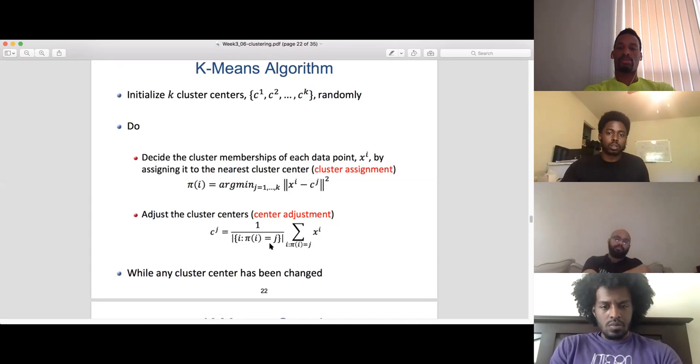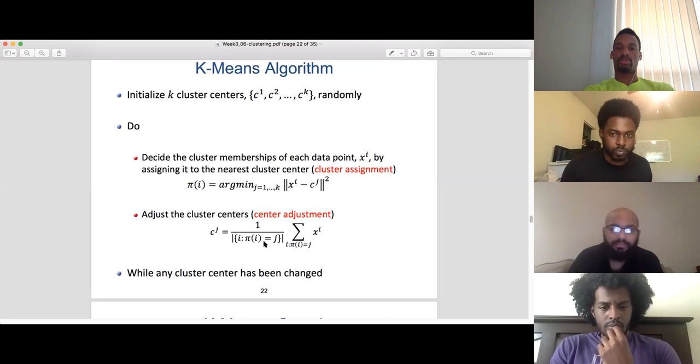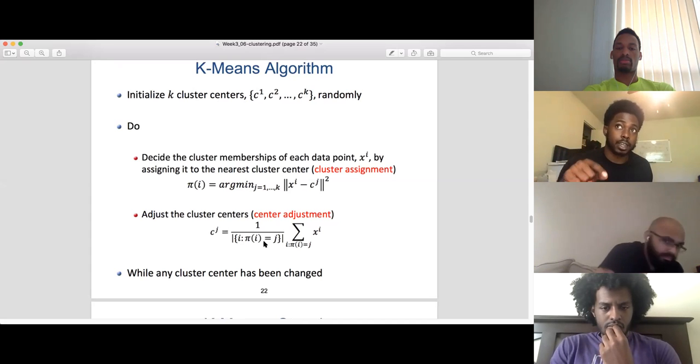And then we're going to adjust the cluster center such that, I'm trying to remember the best way to put this. We're adjusting the cluster center so that it's at the centroid of all the points that have been assigned to that centroid.